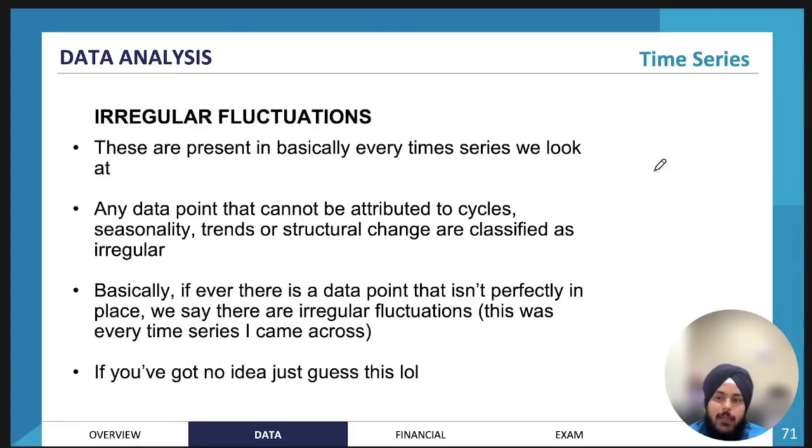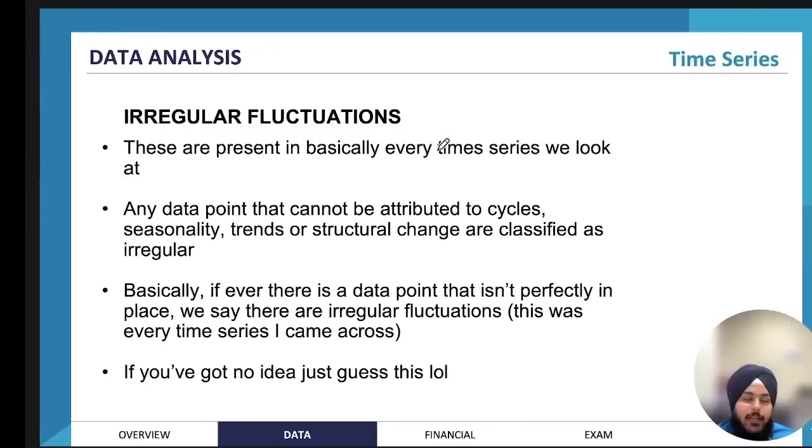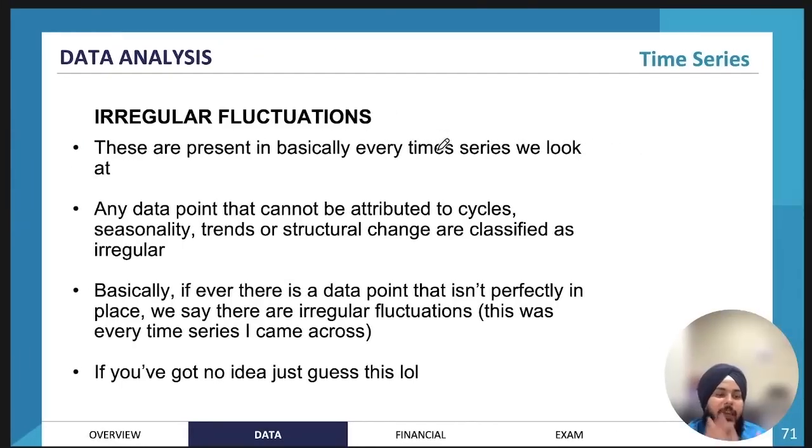And also we have irregular fluctuations. Irregular fluctuations are just the normal variations or small fluctuations in data, as a result of the nature of data and how data behaves. It's sort of like a cycle, but we have a variety of different peaks and troughs, and these are inconsistencies in the data.